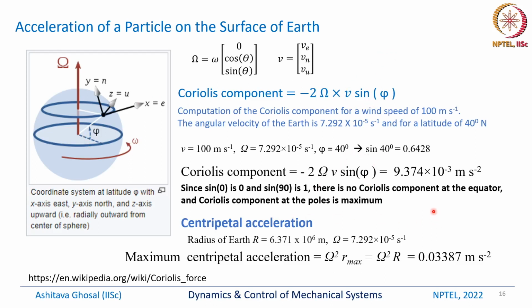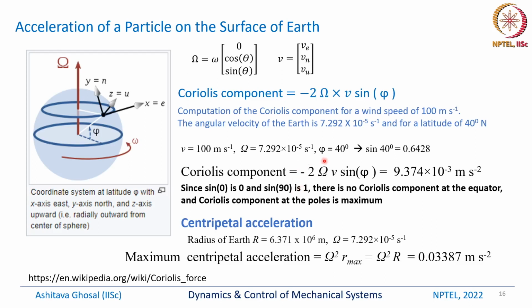Okay, and it turns out if you compute this number, it is 9.374 times 10 to the minus 3 meters per second square. The interesting observation is that this is multiplied by sine of this phi, where phi is this latitude.